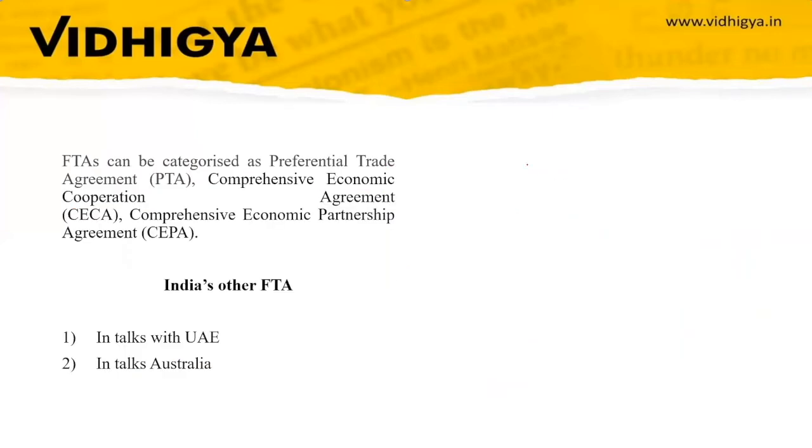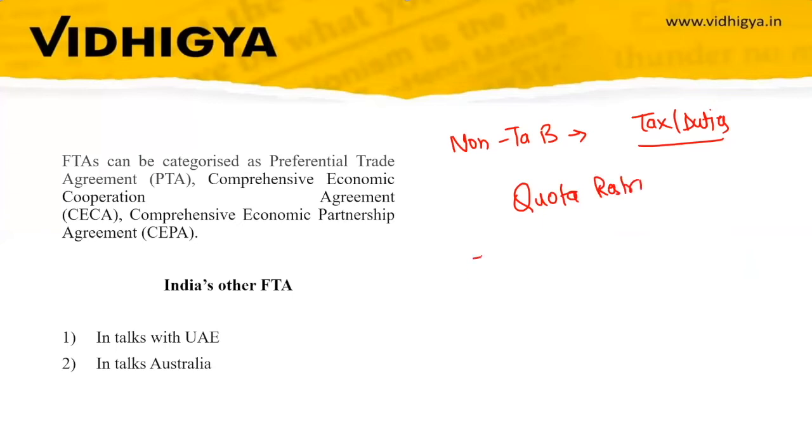So now we will discuss non-tariff barriers. These are not taxes or duties, rather they are in terms of quota restrictions. For example, India sends 100 units to UK. Now UK imposes restrictions that India can only send 80 units.